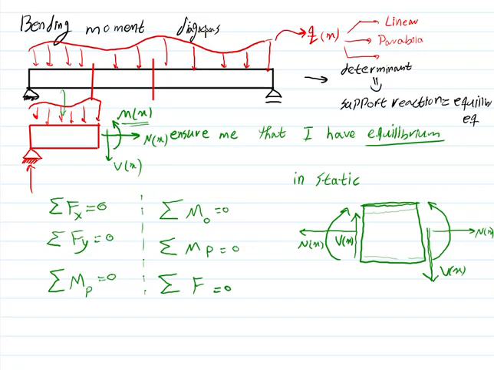One of them is by writing equilibrium. Another one is by being able to guess the general shape of the diagrams. Another is to first draw the shear force diagrams and then use them to calculate the moment diagrams.